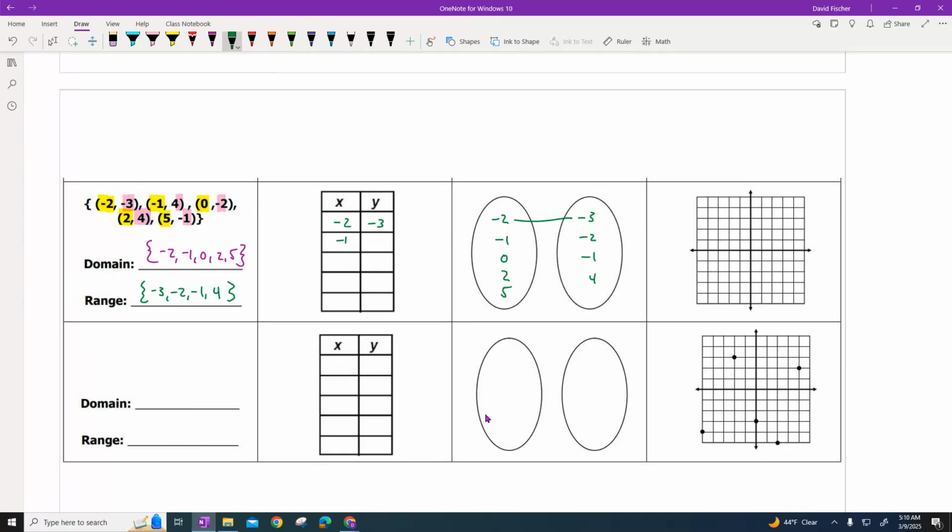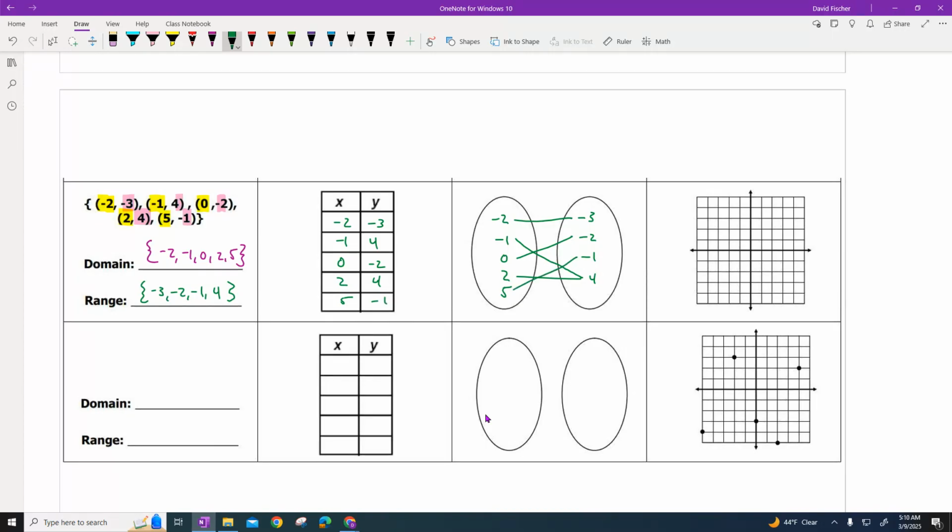Again, I'm just copying my coordinates here. -1 matches up with 4. He's down there. Matches up with 4 right there. And my last one, 5, -1.